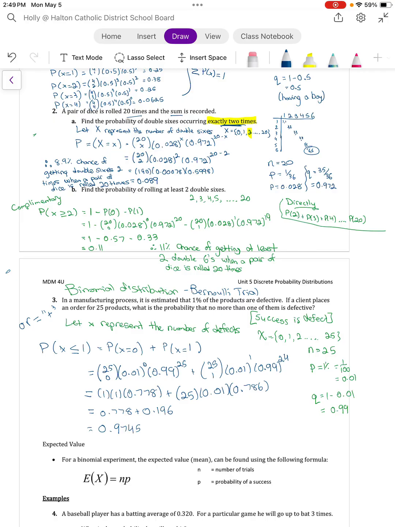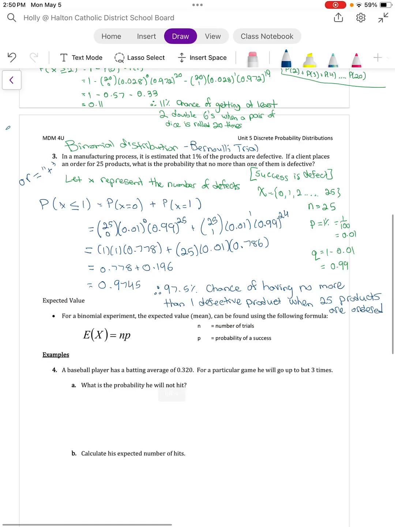Therefore, I know it's a bit counterintuitive, we have a 97.5% chance of having no more than one defective product when 25 products are ordered, which is good because you have almost a 98% chance of not getting a defective product out of 25 items.